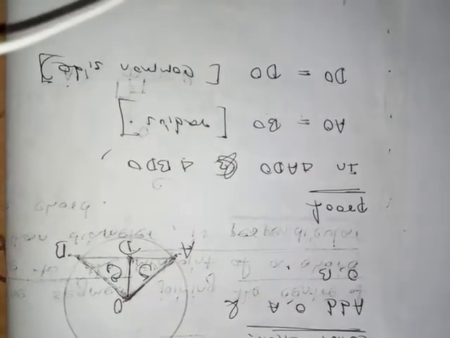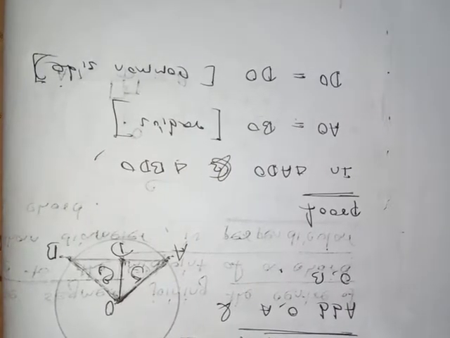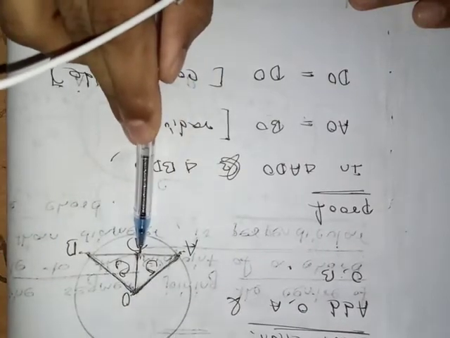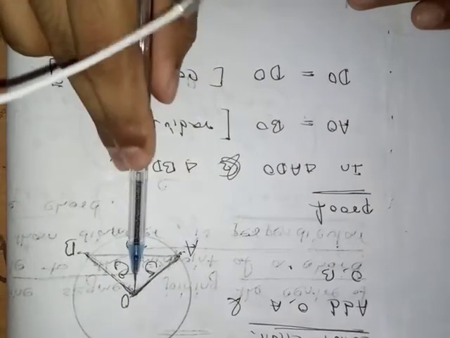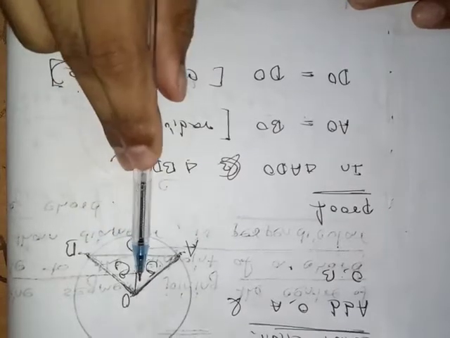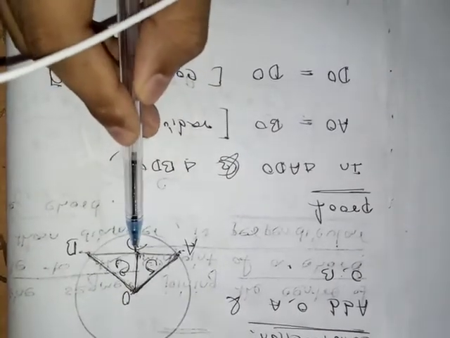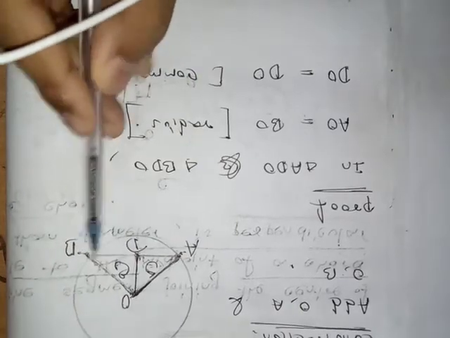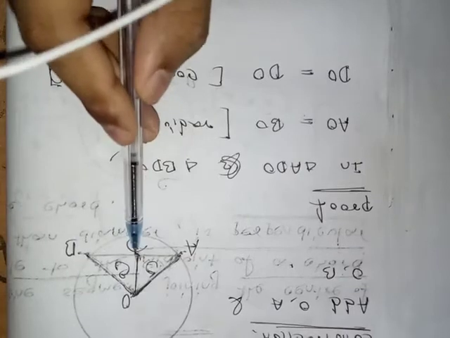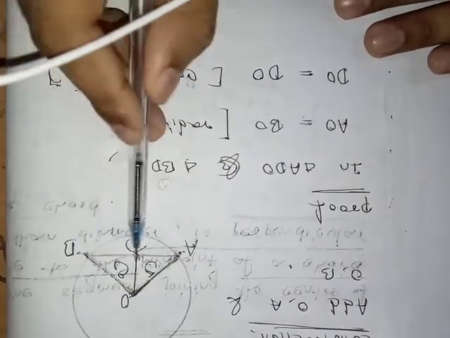And there is another side that we can examine, that is AD of triangle ADO and BD of triangle BDO. Since D is the midpoint of AB, we can say AD is equal to BD.